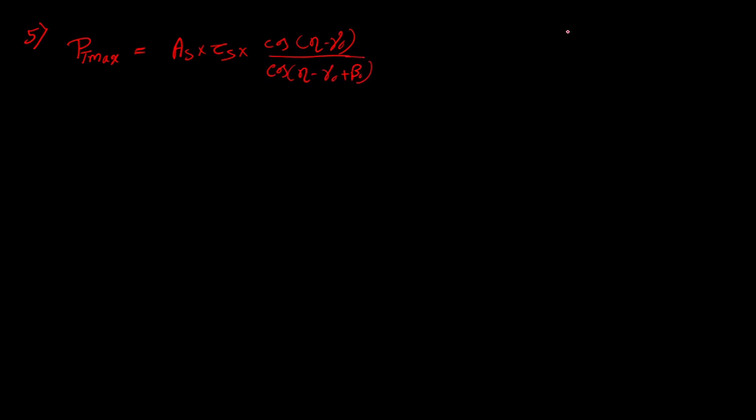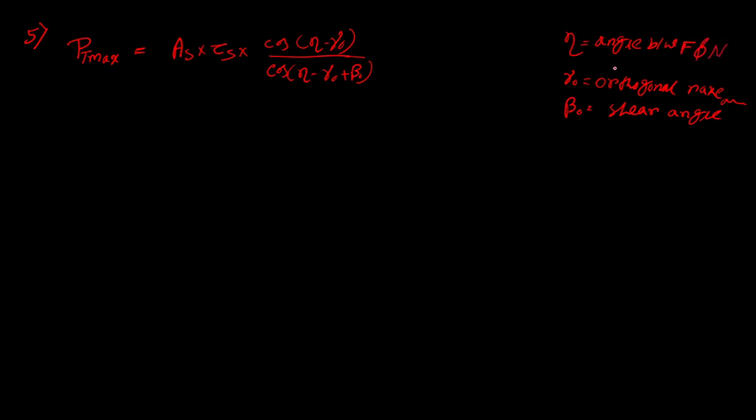Here, what are eta, gamma naught and beta naught? Beta naught is the shear angle, gamma naught is the orthogonal rake angle, and eta is the frictional angle, between the frictional force and the normal to the frictional force.